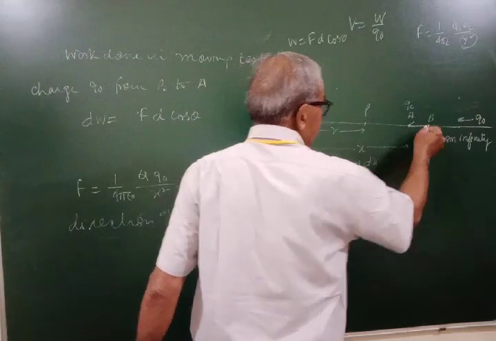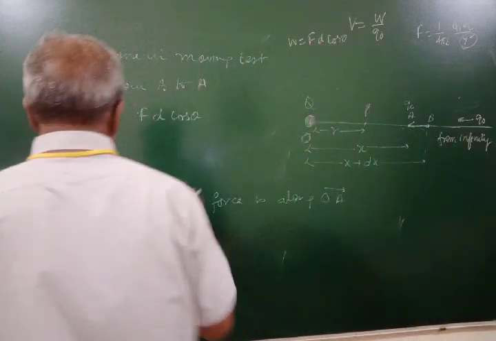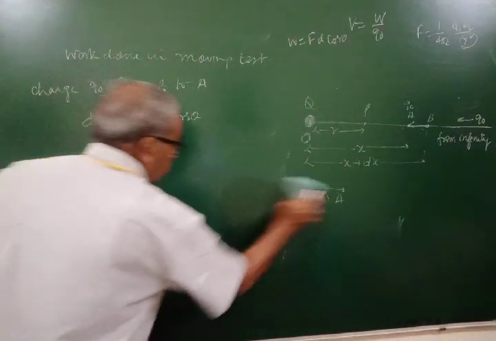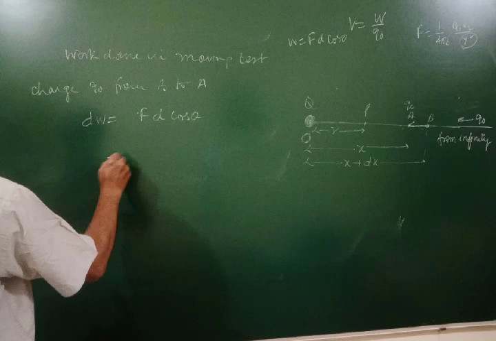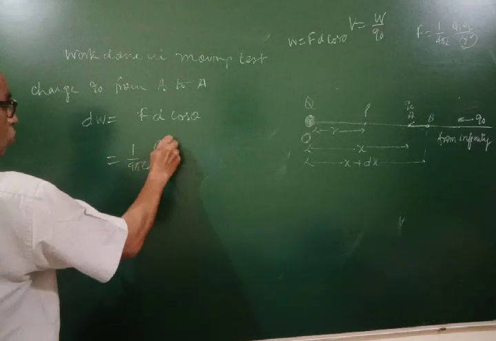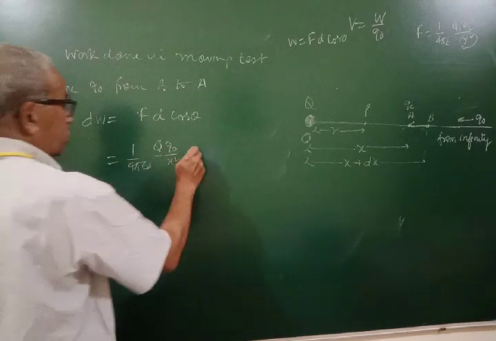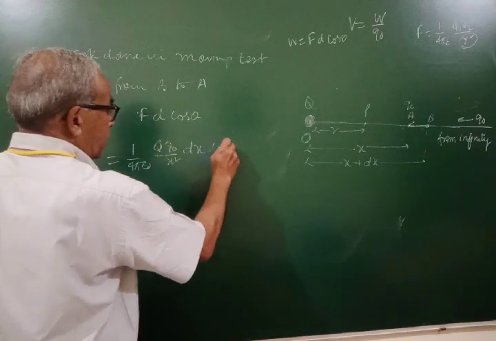For the displacement BA and the force pointing this way, theta is 180. So you can write it as 1/4 pi epsilon 0 Q Q0 upon x square into dx cos 180.